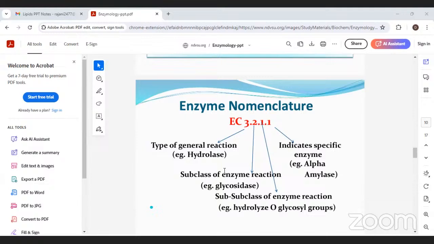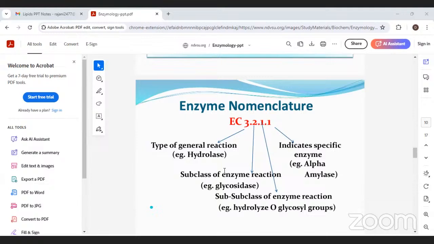In the recent past, the International Union of Biochemistry has given a more rational classification of enzymes based on the reaction types and reaction mechanism.